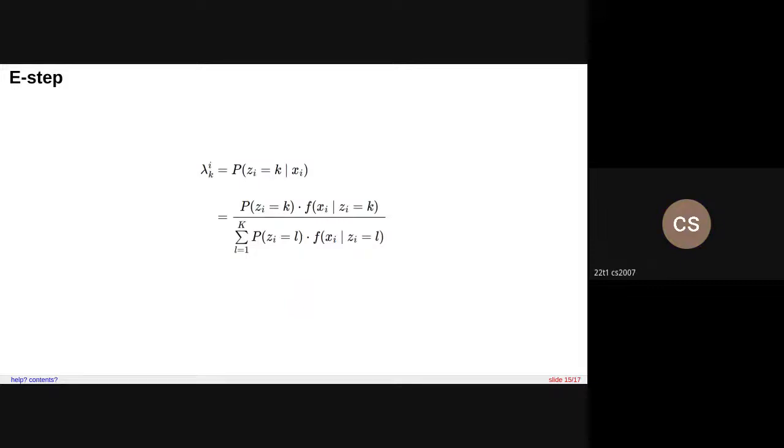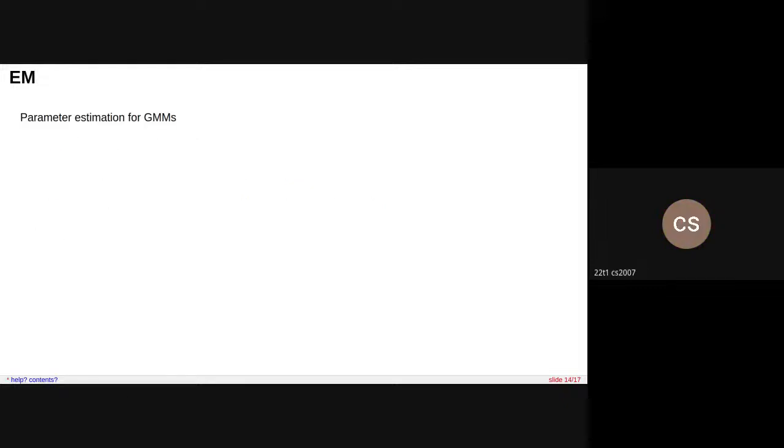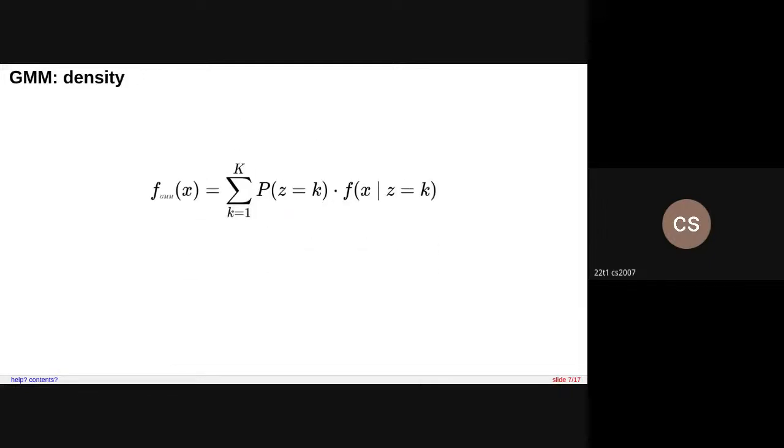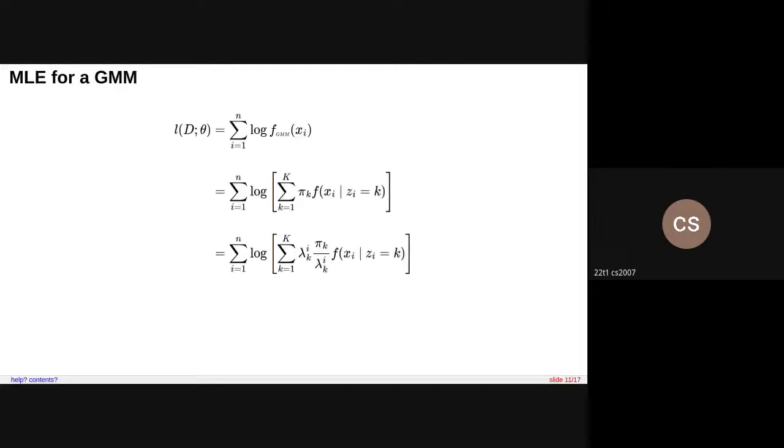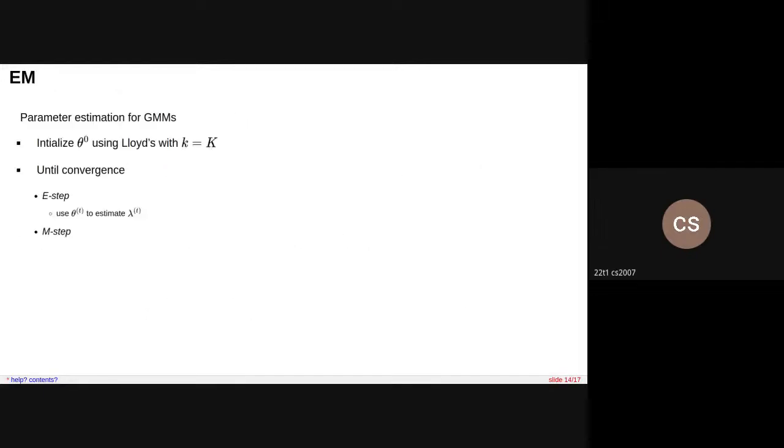It could have come from mixture 1, mixture 2, or mixture K. That is the probability of it coming from each of the clusters. If you go back, this is nothing but the density of the GMM. Instead of K, we are using L. That's all we are doing.